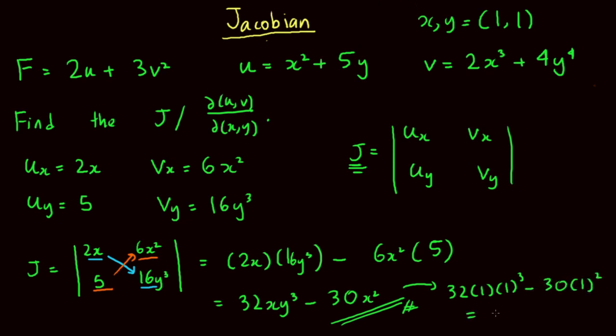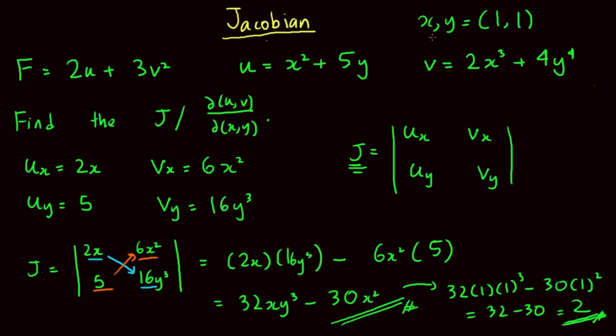So our Jacobian will just be 32 minus 30, which will obviously grant us 1. Sorry, my apologies, it's supposed to be 2. There's a simple arithmetic mistake I made right here. Yeah, 2. Just be careful with arithmetic.